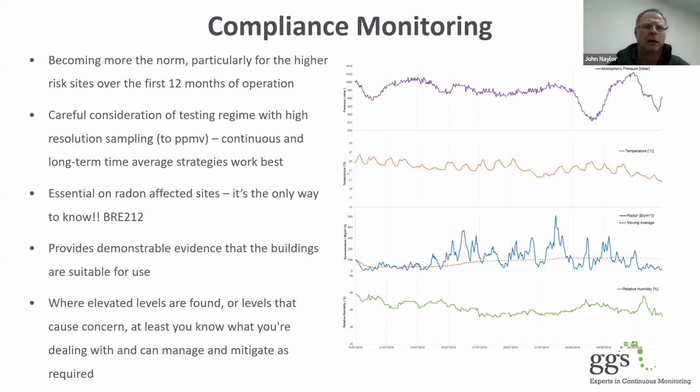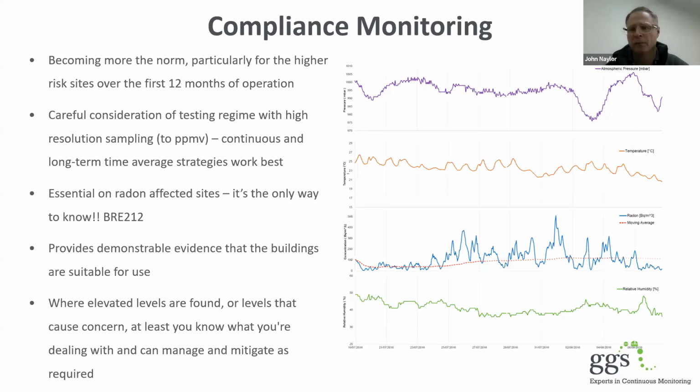But with compliance monitoring, depending on the risks, it might be something that is there for the long term. So it might be for the lifetime of that building going forward. We pretty much say this with radon: if it's affected by radon, you need to retest at regular intervals, and that depends on the risk.